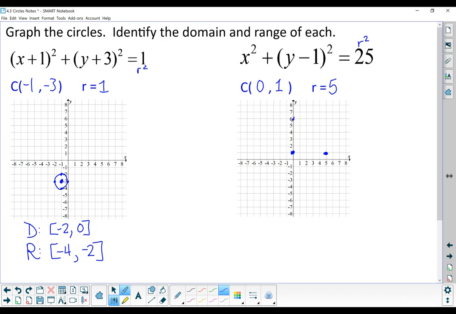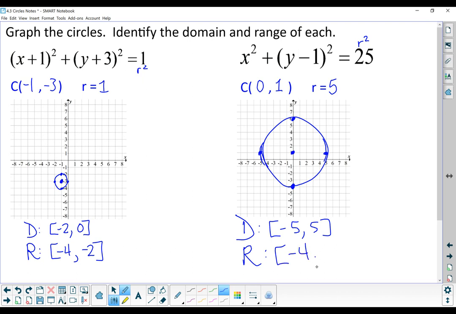Now I need to go 5 up, 5 back, and 5 down. Kind of missed that side. All right, so the domain left to right is going to be -5 to +5, and the range bottom to top, -4 to 6.